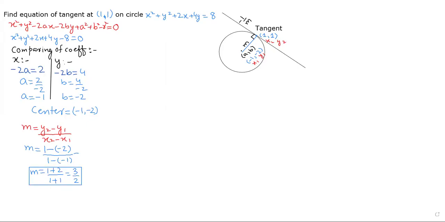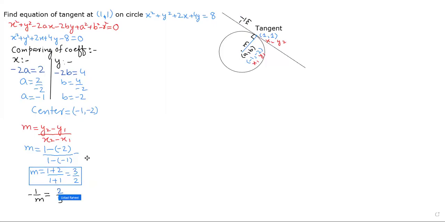Now, if m is this and I want the reciprocal, reciprocal means 1 upon m. Because over here I want minus 1 over m. So first of all, 1 over m will become 2 over 3. You just flip everything, and then I'm putting a minus sign over here.